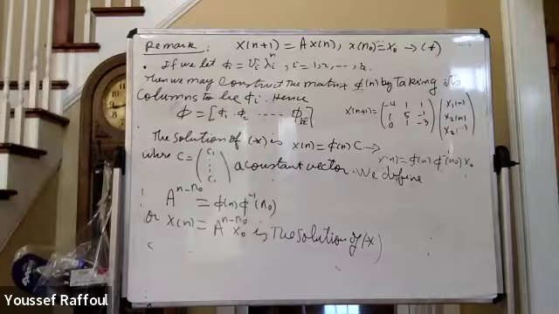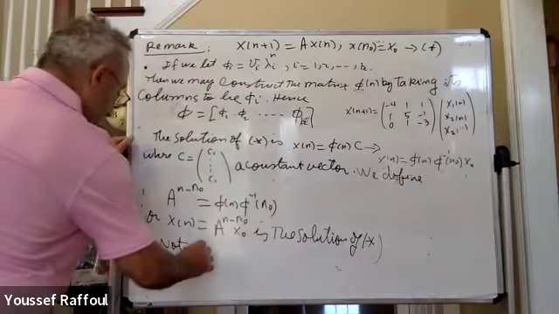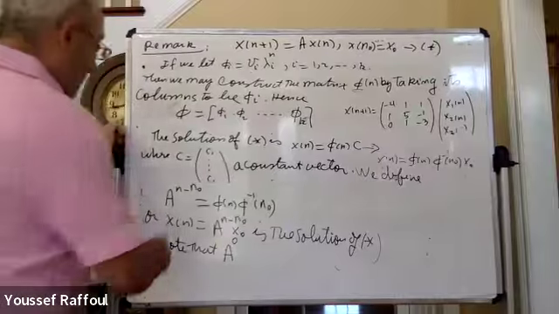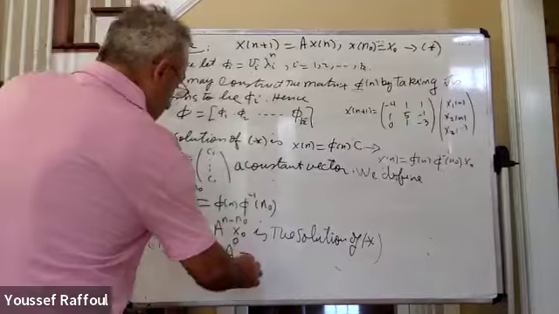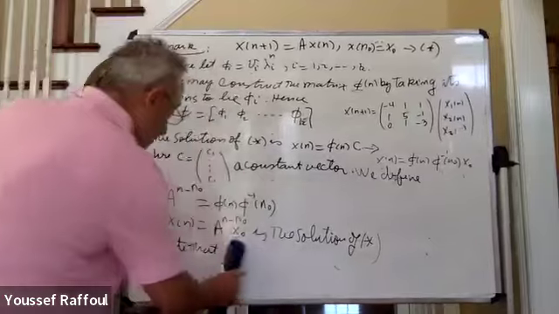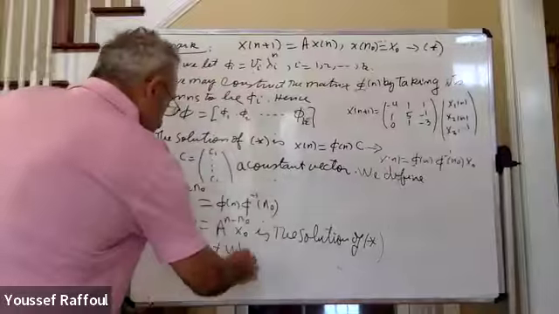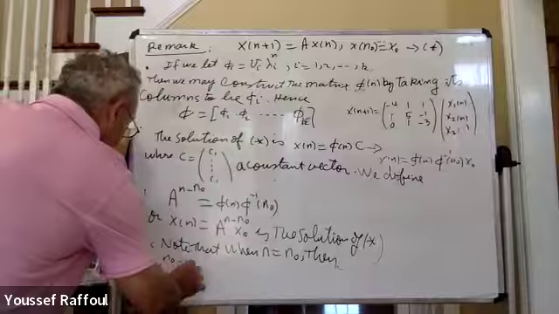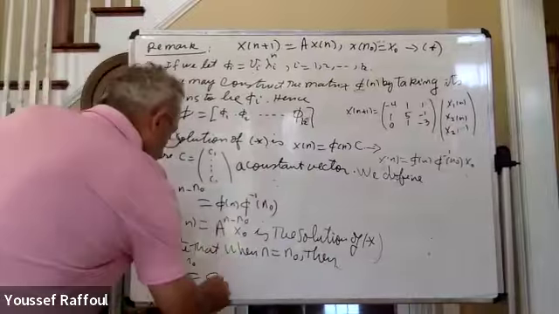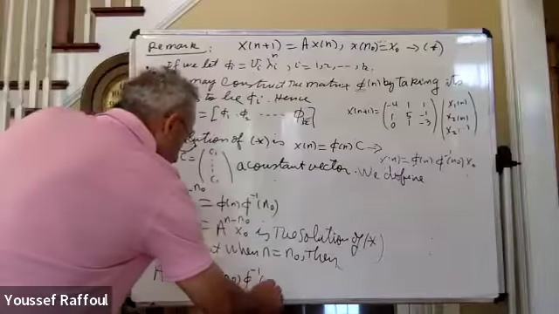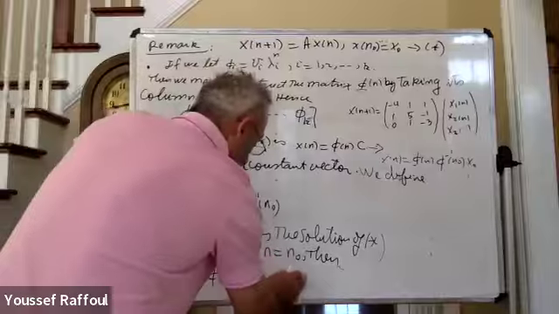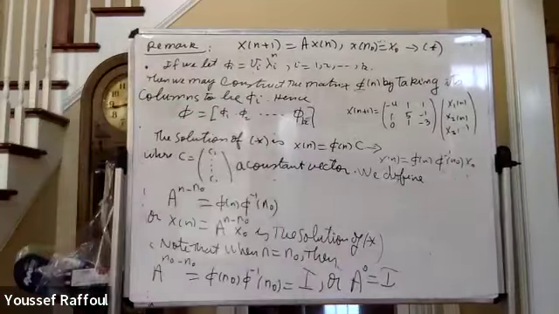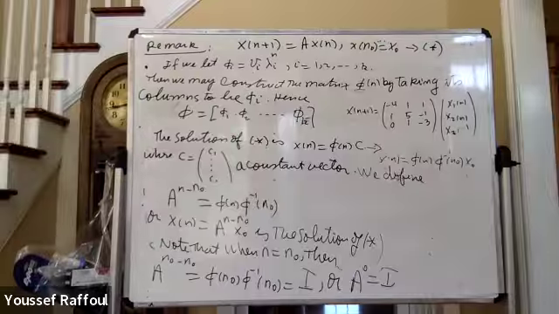Okay? Know that when n equal n_0, then A(n_0 minus n_0) is equal to phi_{n0} phi inverse of n_0 equal I. So A_0 is I. A_0 will give you the identity matrix.